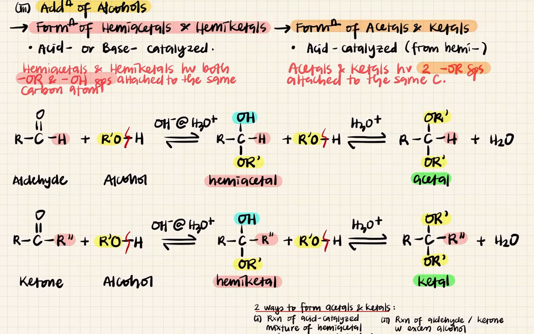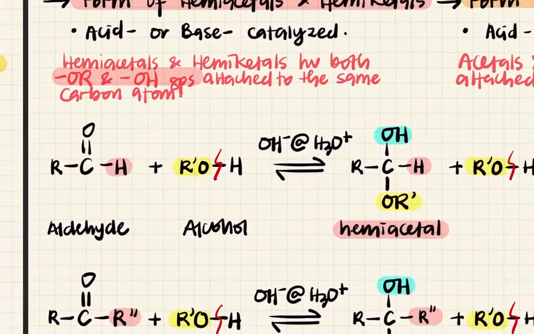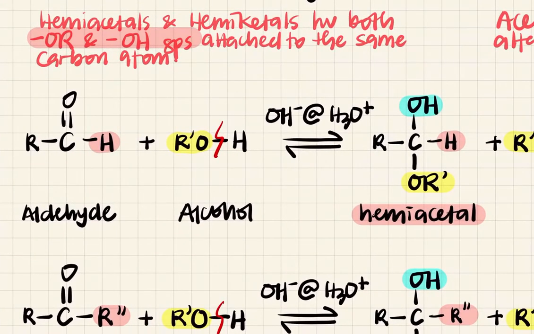Hemi maksudnya dia setengah. Apa yang setengah tu, tapi ini adalah full. So apa yang full tu kita tengok. Hemiacetals and hemiketals have both OR groups, substituent dia dengan OH groups attached to the same carbon atom.